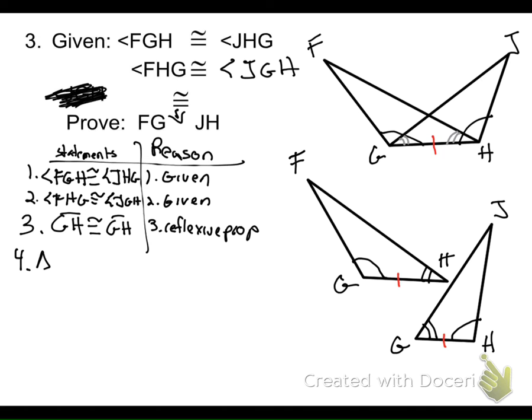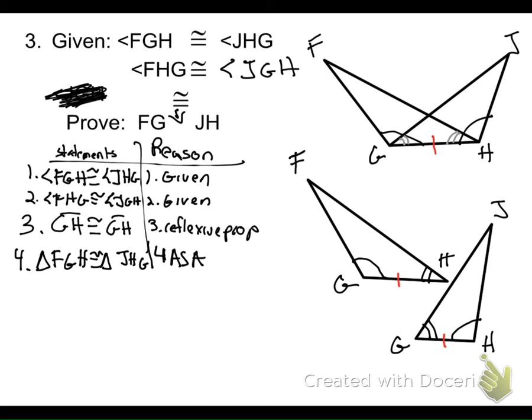So step 4, I have triangle FGH is congruent to triangle JHG. And we know this because of ASA. But that's not what we're looking for. We're looking for the fact that segment FG is congruent to segment JH.